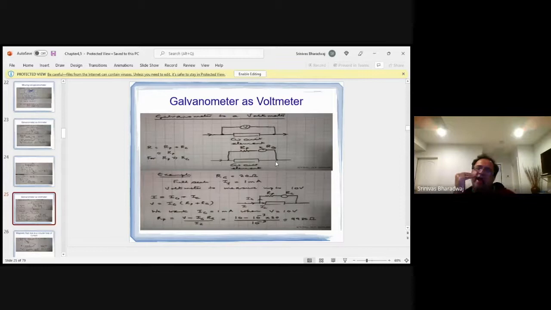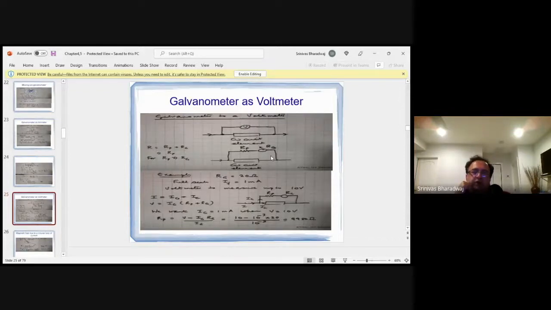So you add a series resistor with a galvanometer. Rp is in series with the galvanometer to produce a voltmeter. So the voltage across this is now across that.